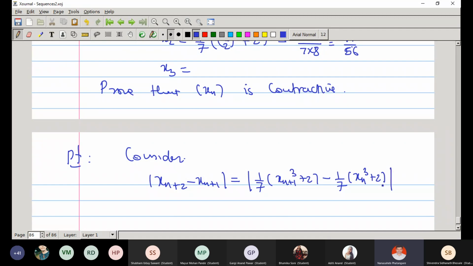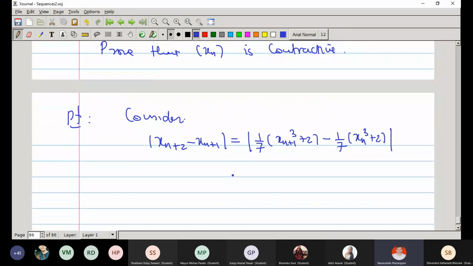So 1 by 7 I can take outside. What is inside the modulus? Plus 2 minus 2 cancels, so xn plus 1 cube minus xn cube.